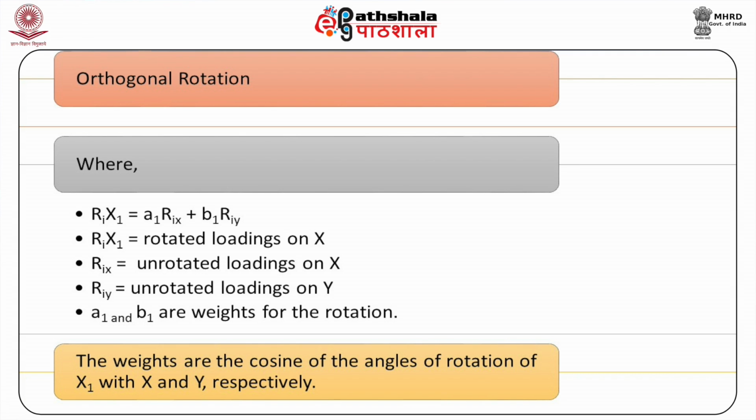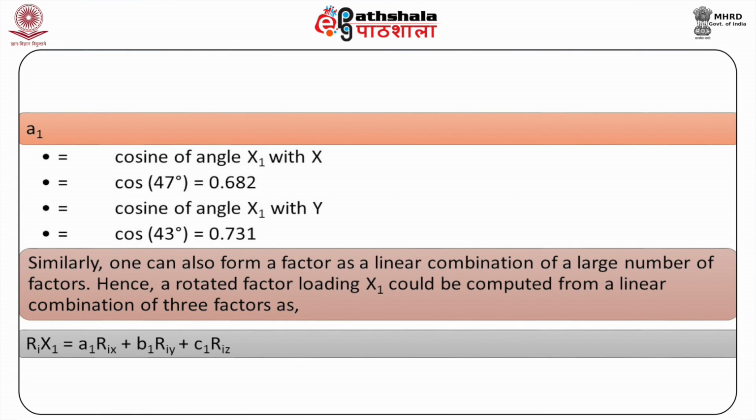The weights are the cosine of the angles of rotation of x1 with x and y respectively. Hence, in this case, A1 is the cosine of angle x1 with x, which is cos 47 degrees, equal to 0.682. Cosine of angle x1 with y is cos 43 degrees, which is 0.731.